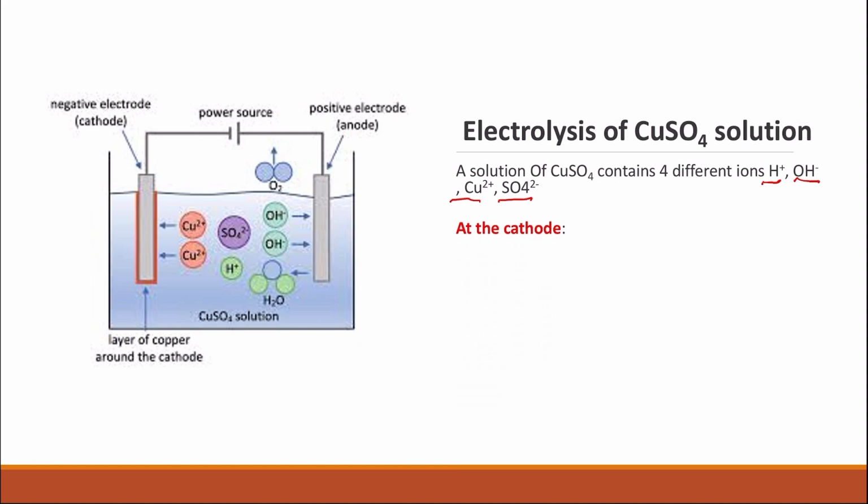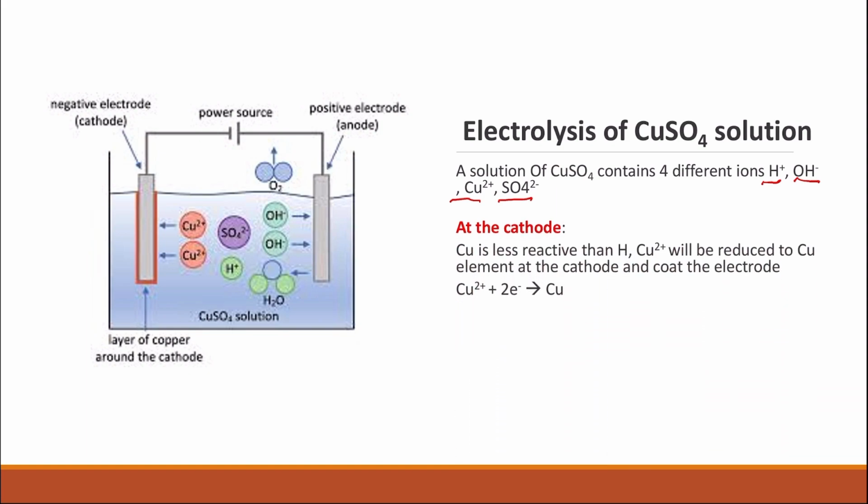Copper is less reactive than hydrogen. It's lower than hydrogen in the reactivity series. So copper is the one that will be reduced to give you the elemental copper, and it will coat the electrode.